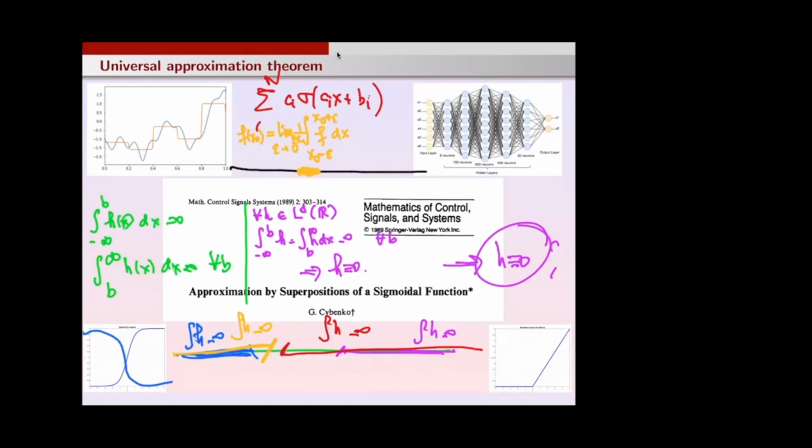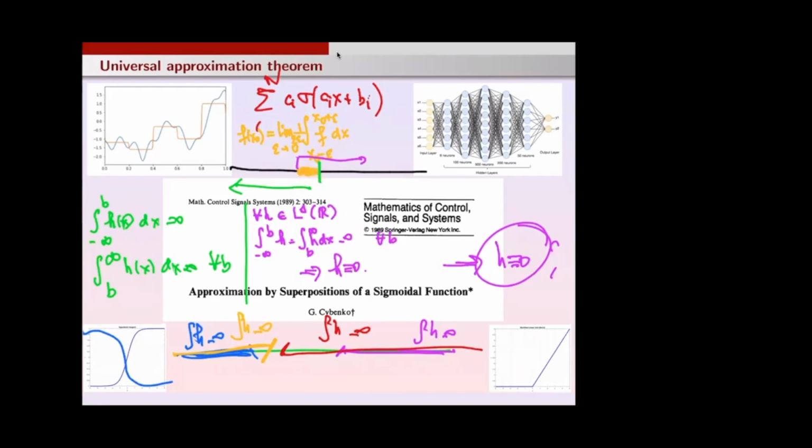How do I get from half lines to the segment? It's very simple. The integral on this segment is just the integral on this half line minus the integral on this other half line. Therefore, because the integrals on each half line are equal to 0, the integral on every segment is equal to 0.